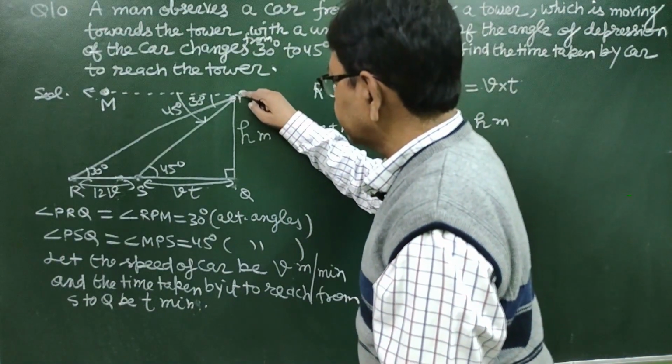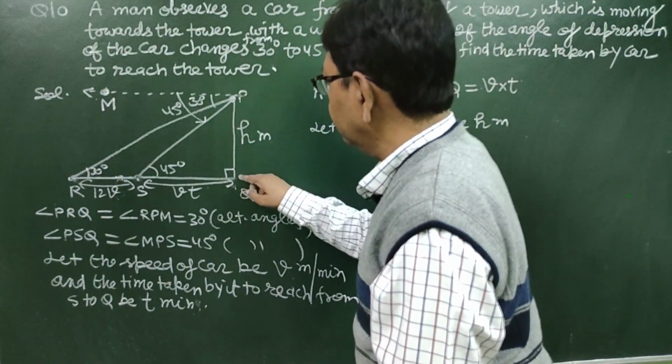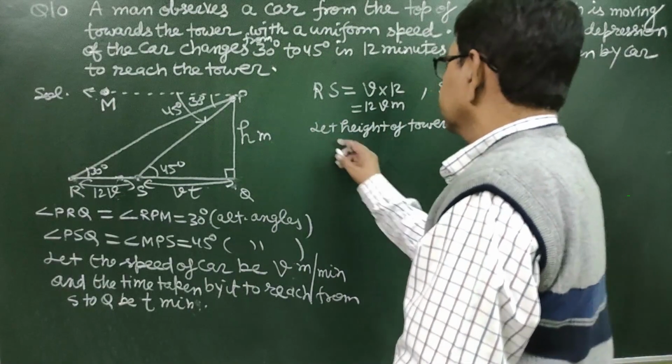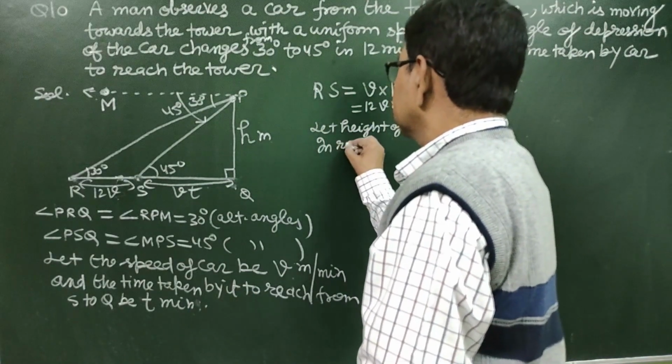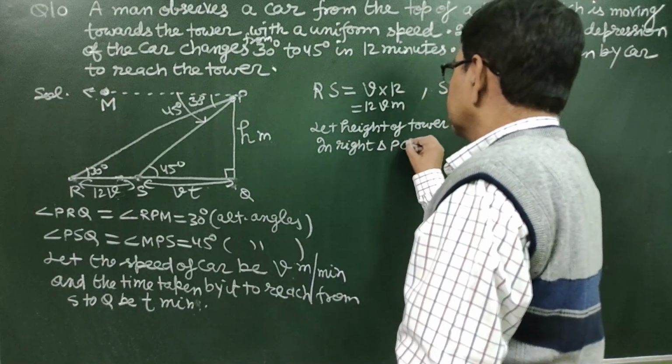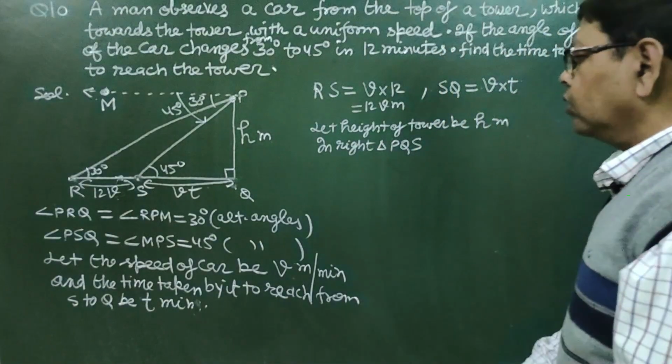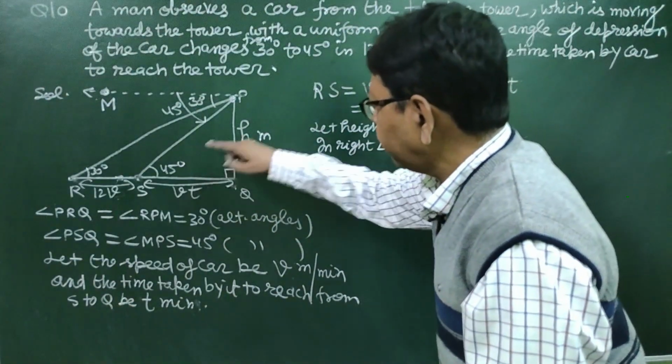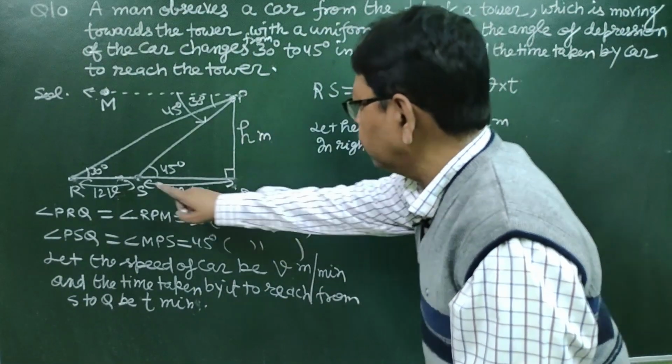First, in right triangle PQS, tan 45 is equal to PQ upon SQ.